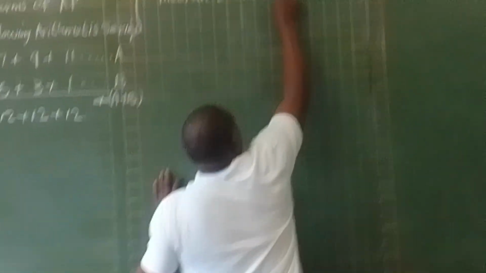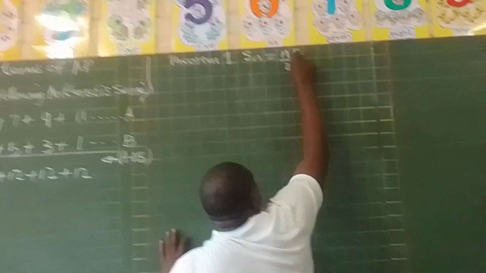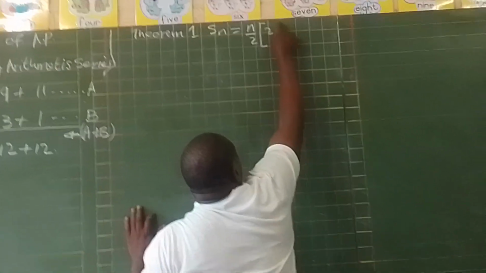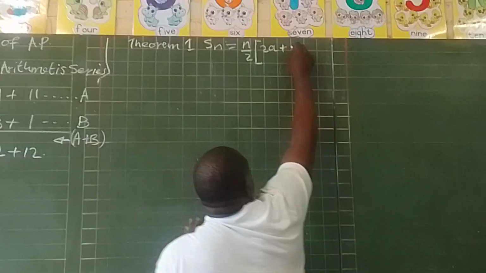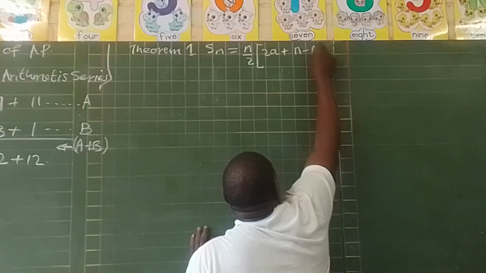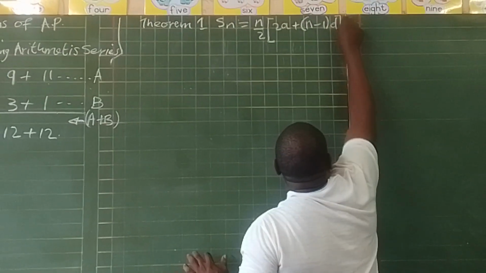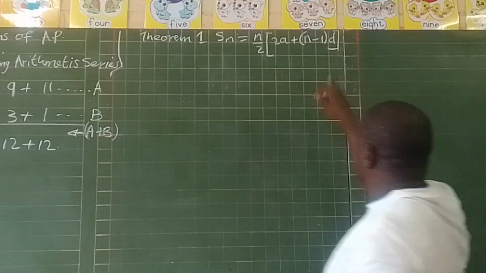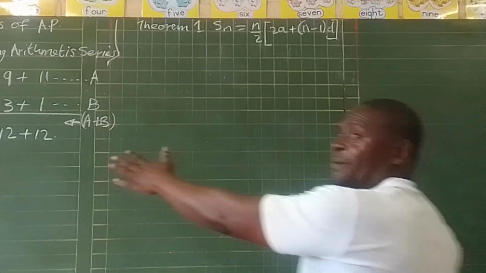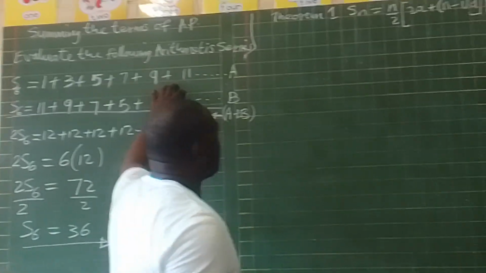It says that Sn is n over 2 into 2a plus n minus 1 d. We need to prove that by using the very same technique that we have used here.